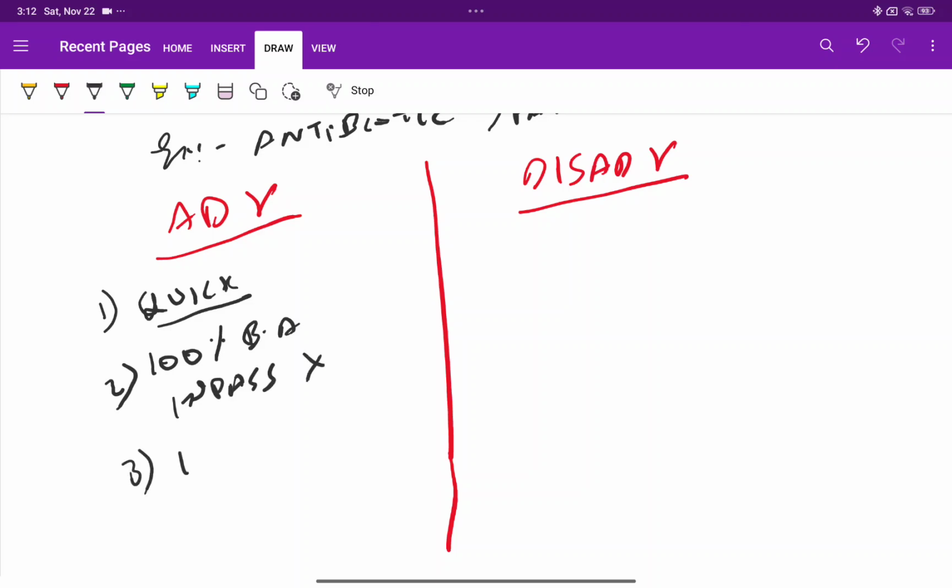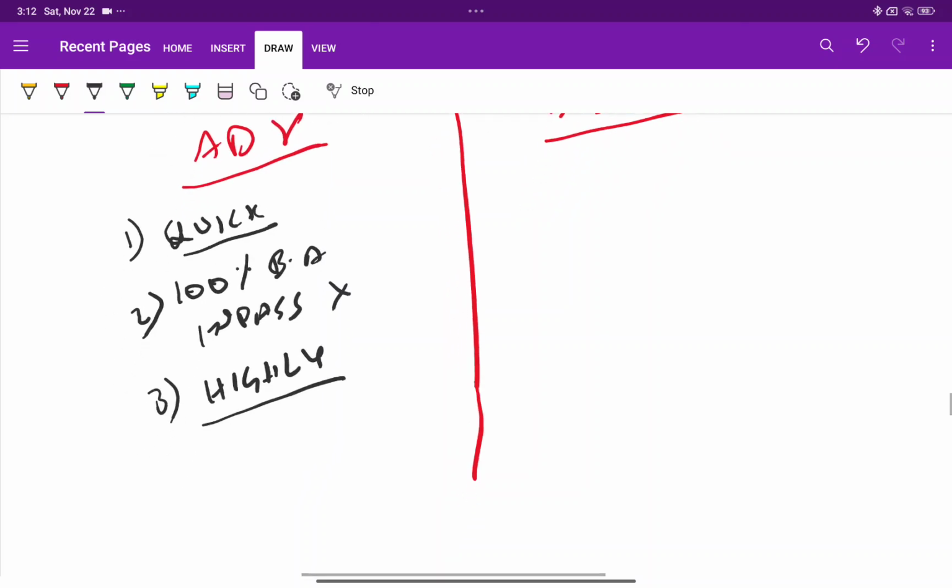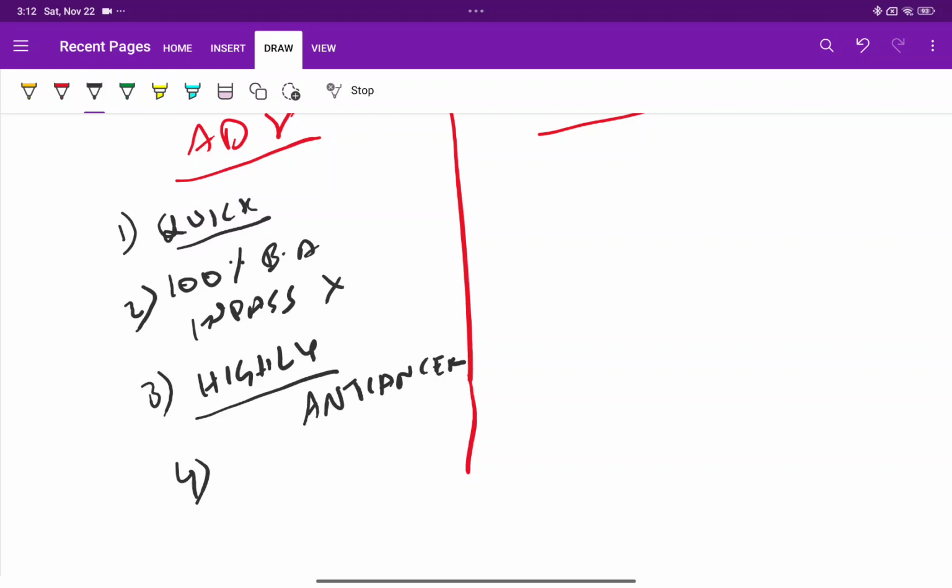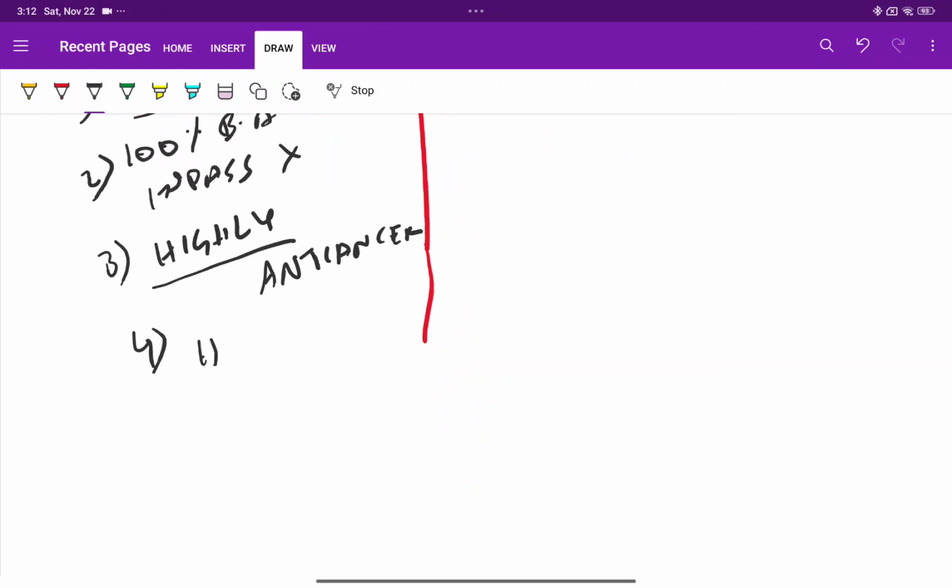Then highly irritant drugs which cannot be given by the other parenteral routes can be given. Example, anti-cancer drugs. Hypertonic drugs can be given through the IV line.